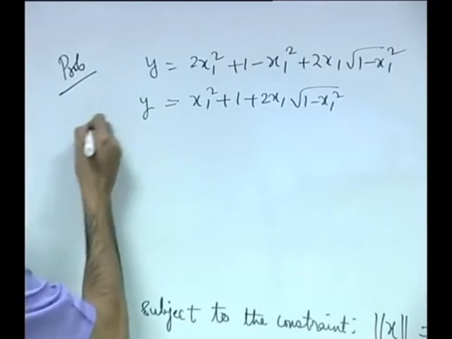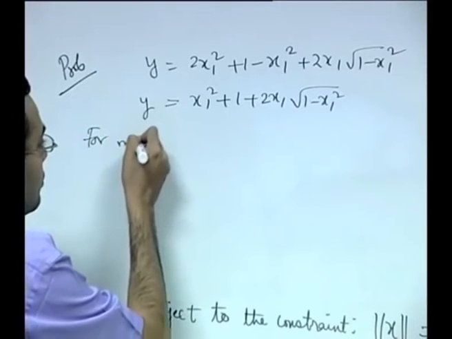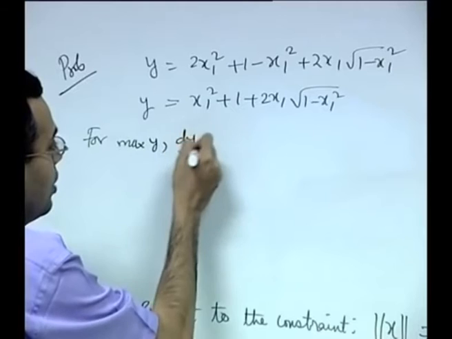So, for maximum y, dy/dx1 must be equal to 0.